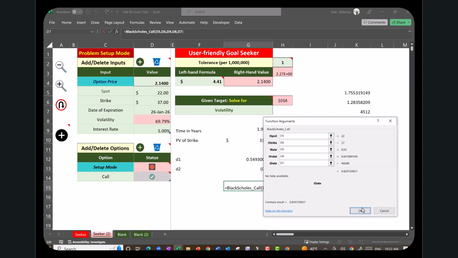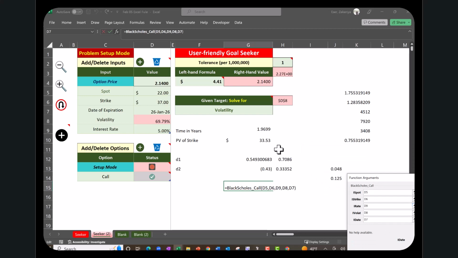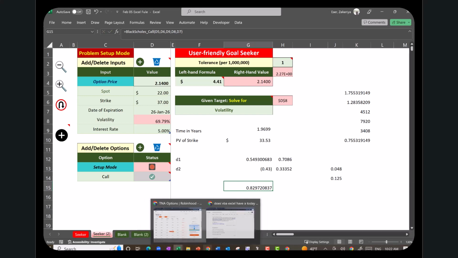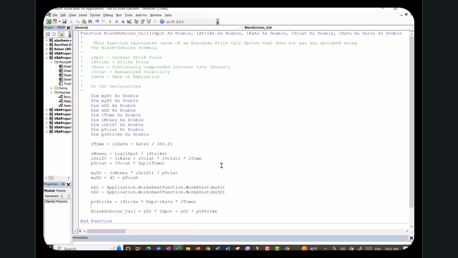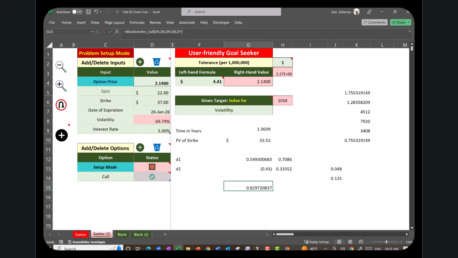I don't know why it gave that number, but something's going on here. Let me quickly look at it. If it's not a quick solution, we'll look at it on Monday. Oh, I forgot a 0.5 there, among other things. It's still not giving the right price, so I'm going to check it.